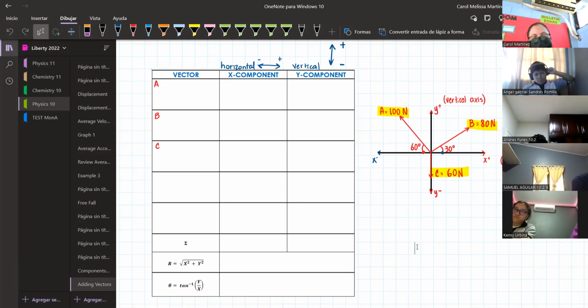So this is what we have in the first vector. Okay, vector A that has an angle of 60 degrees. And the first thing that I need to do is analyze the type of angle of this vector. Take a look at the vector A.